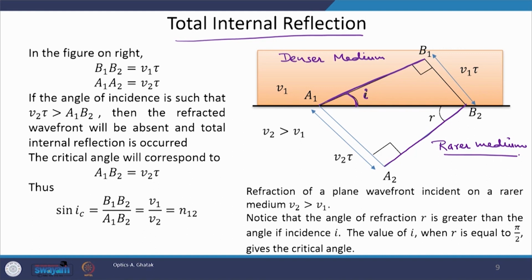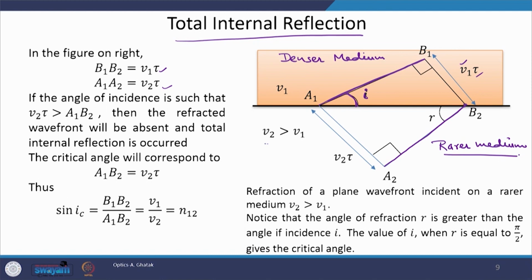Following our previous discussion, we again assume that point B1 on the input wavefront takes tau amount of time to reach point B2 at the interface, and we assume that V1 is the speed of the wave in the first medium, the denser medium. Then B1 B2 would be equal to V1 tau, and similarly in the second medium A1 A2 would be equal to V2 tau.